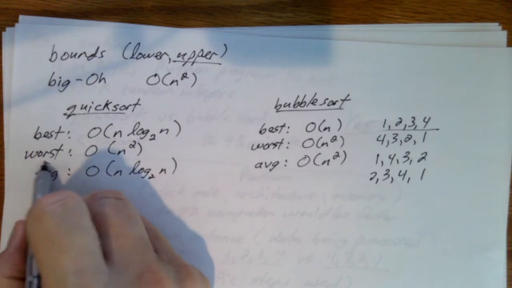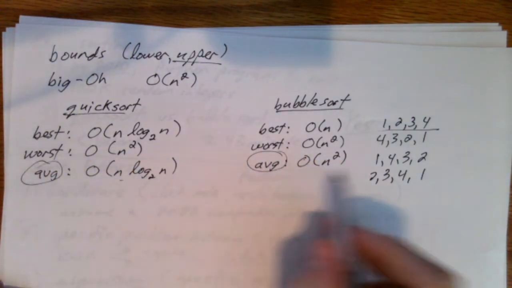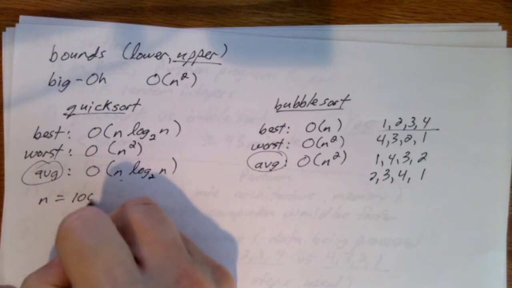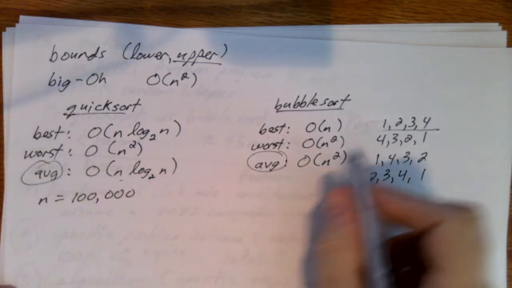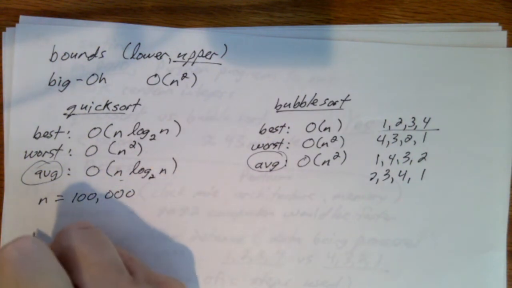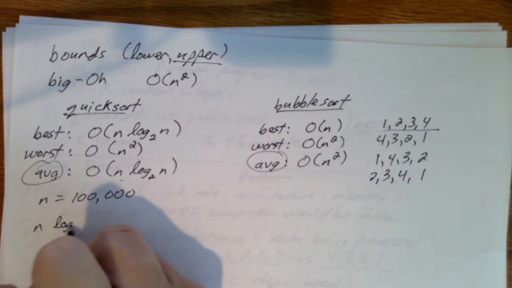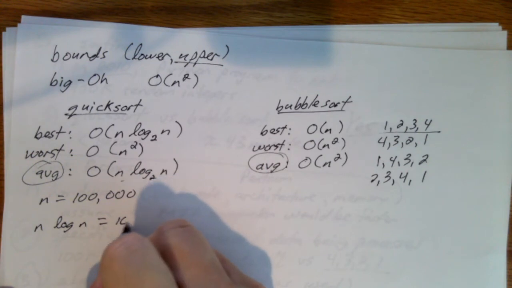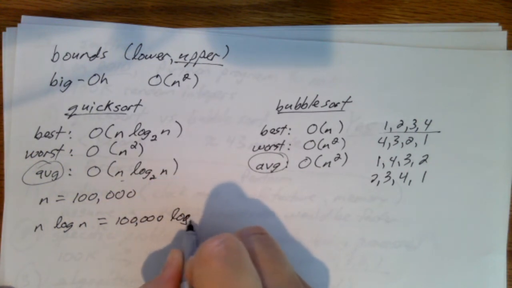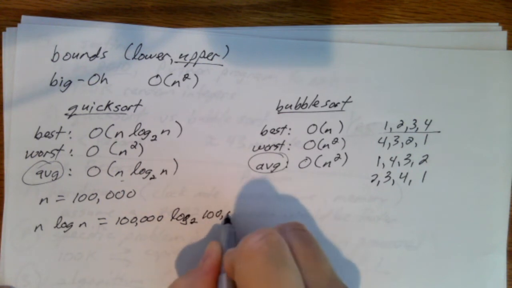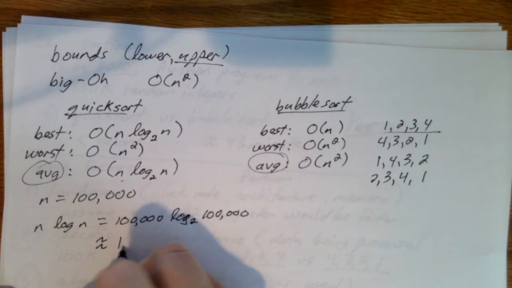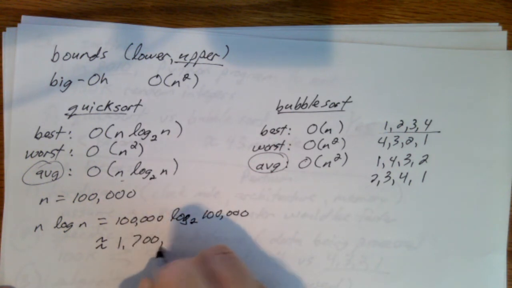So if we go with average in both cases, n log n versus this, well, n in both cases is 100,000. And so n log n was equal to 100,000 times log base 2 of 100,000, which is approximately equal to 1.7 million.